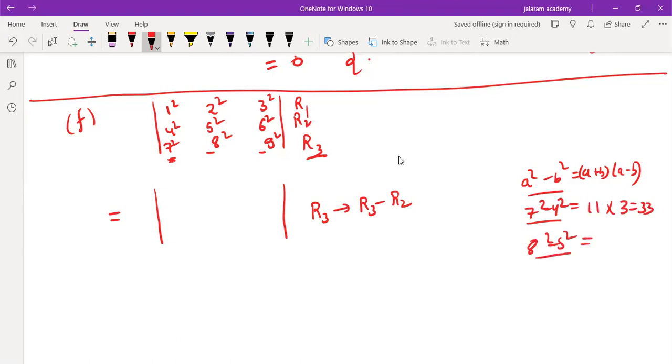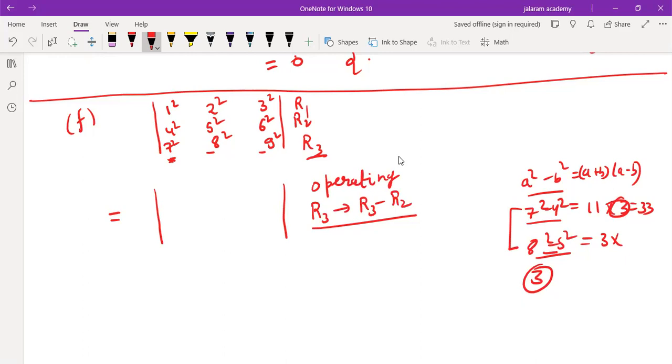You can understand that every element has 3 as one of the factors. All the elements of the third row which we get after the operation R3 minus R2 have 3 as a common factor. So we can take it common from the third row.